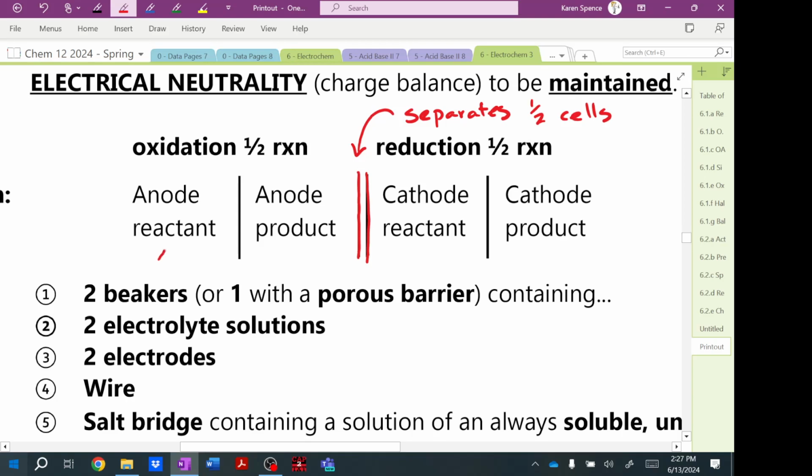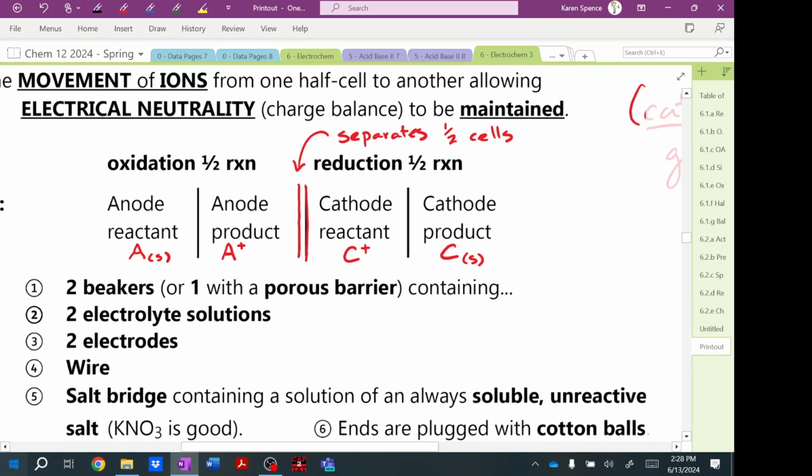The anode reactant goes here, and the anode product goes here, right? It lost 2 electrons, or an electron. The cathode reactant goes here, and the cathode product goes here. So the cathode reactant is always the ion. The anode reactant is always the solid. And you know what we call this? That's our ion sandwich. The ions go in the middle.